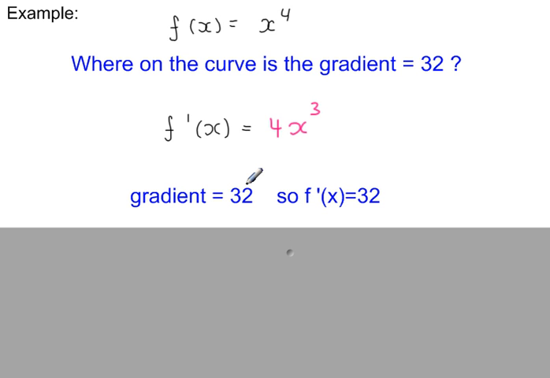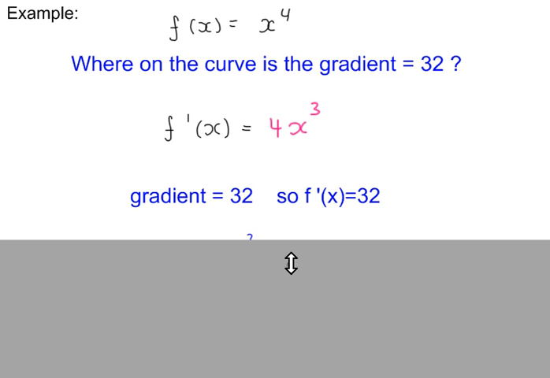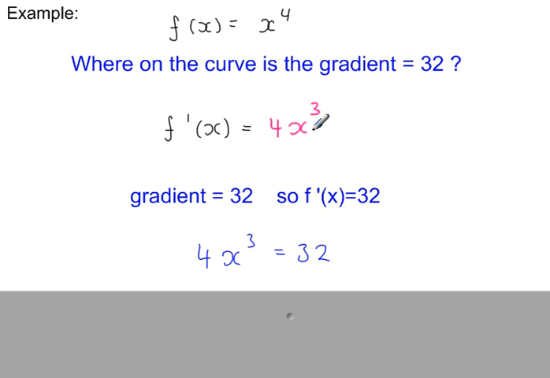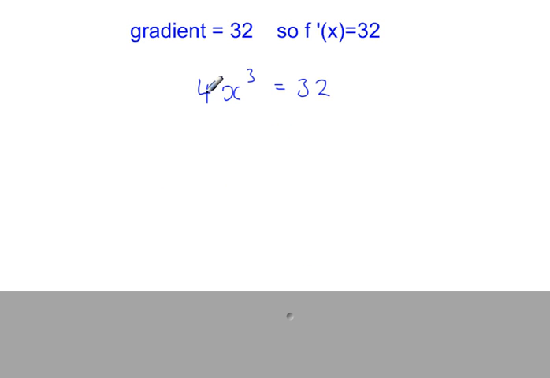The gradient is equal to 32. So this gradient function, the derivative here, is equal to 32. So 4x cubed, our derivative, equals 32. We need to solve this equation. So dividing by 4, x cubed is equal to 8, cube root, x is equal to 2.